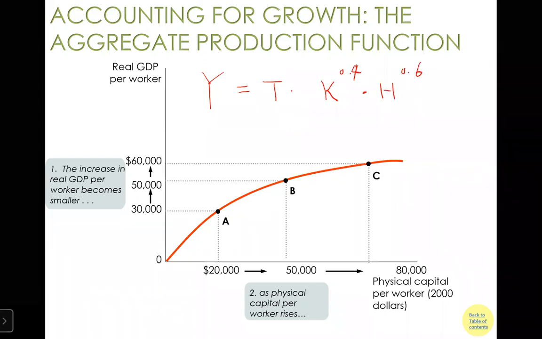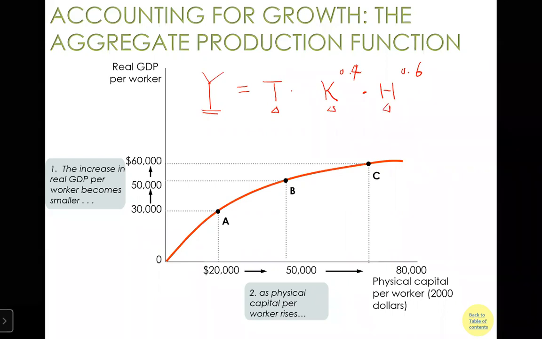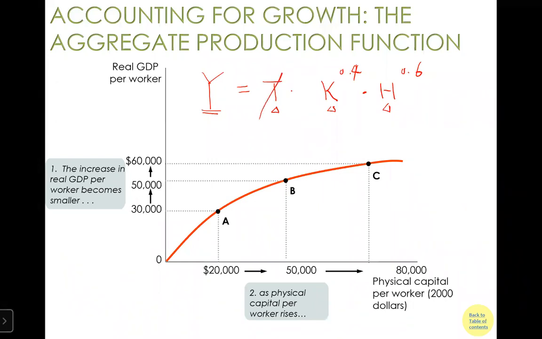So productivity relies on three things: technology, physical capital, and human capital. Now, we fix T and fix H, and look at how productivity changes with physical capital. Then we have this concave curve.